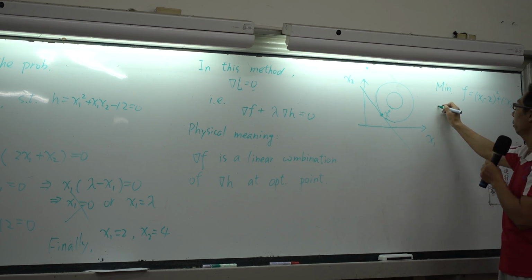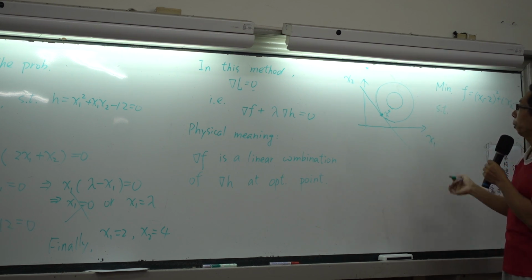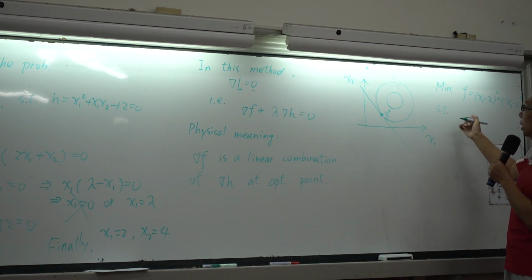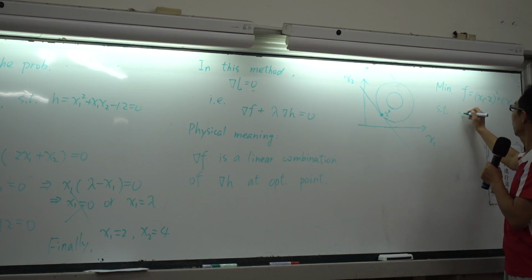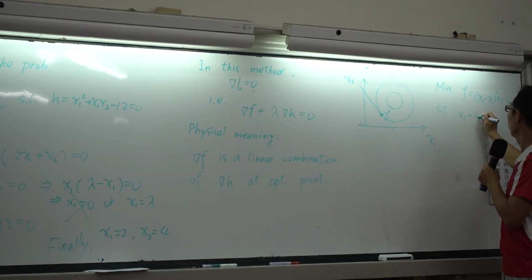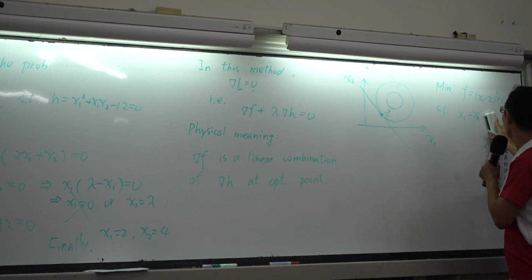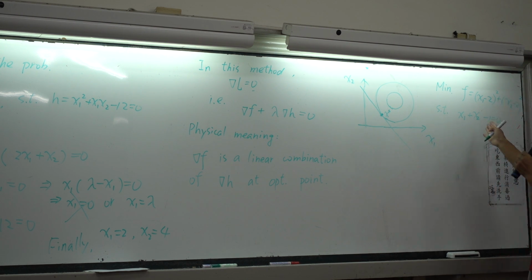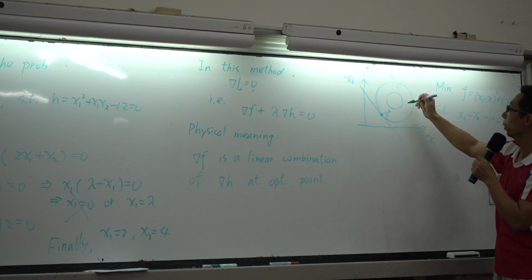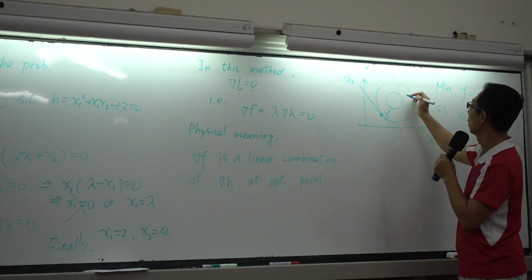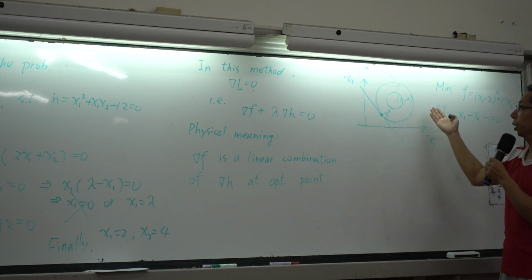Suppose this is my f, and suppose our constraint is like this, x1 plus x2 must be equal to 1, okay? Or x1 plus x2 minus 1 equals 0. Suppose we have this kind of problem, and as you can see, without the constraint, originally here should be the minimum point, right? At 2, 2, without the constraint.